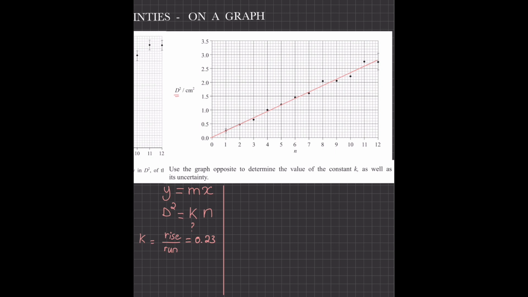In order to find k, you need to do rise over run. Now, how can we find the uncertainty of k? We need to find the worst fit, the maximum worst fit and the minimum worst fit. For the maximum worst fit, you take the head of the first error bar with the tail of the last error bar, and you make a line out of it like this.